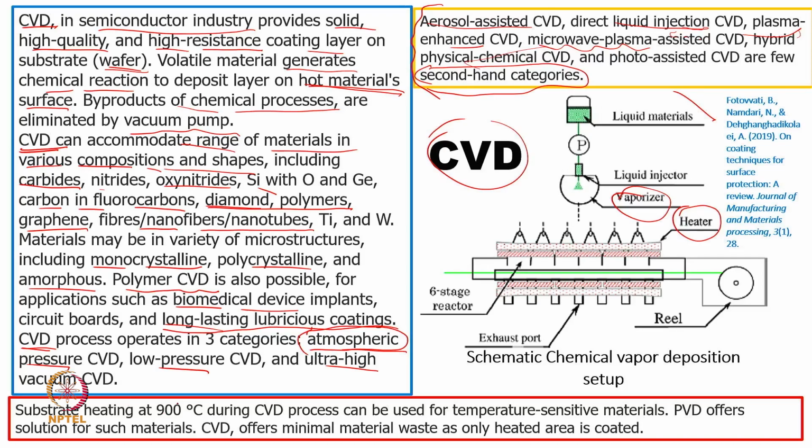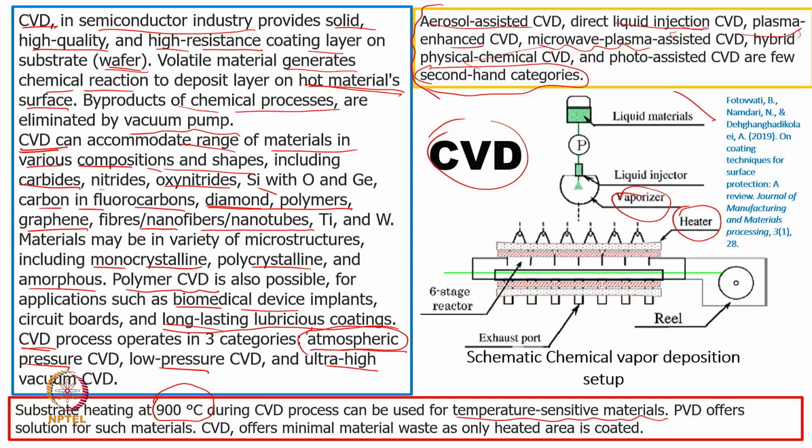Now, as I mentioned about this material, the polymer, that is really a problem. In this case, basically we heat the substrate material, and in some materials we heat at 900 degrees centigrade, and the polymer being a very temperature sensitive material, we should not go ahead with this. That is why PVD will be more preferable for that.